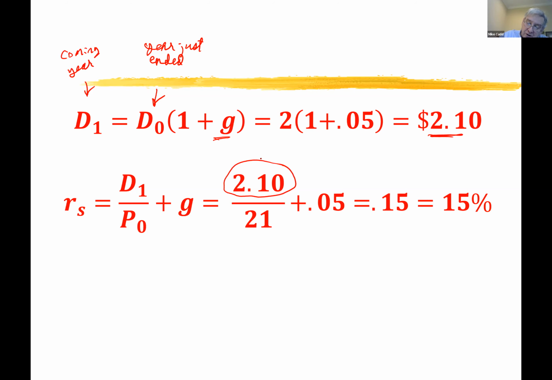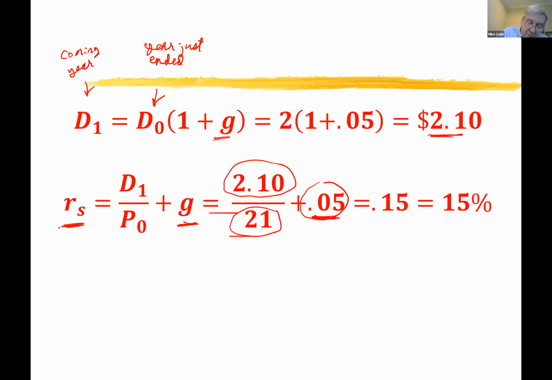Dividend for the coming year over the price of the stock plus the growth rate. Since the dividend model is an algebraic time value function, all interest rates and growth rates have to go in decimal form.